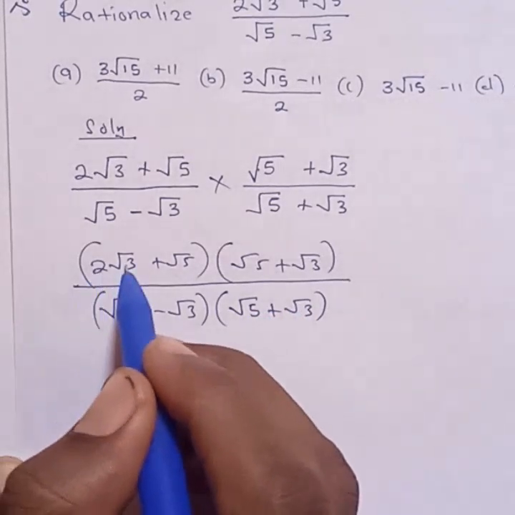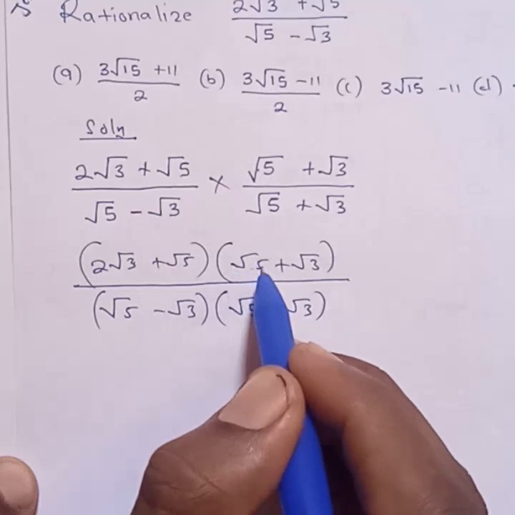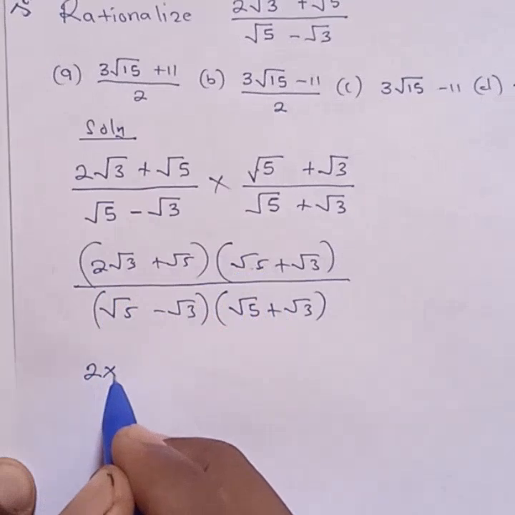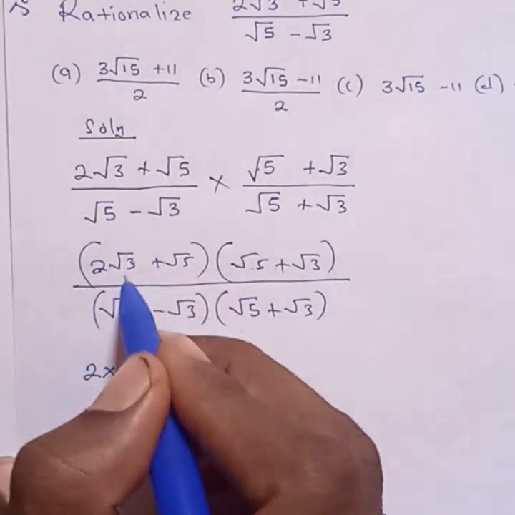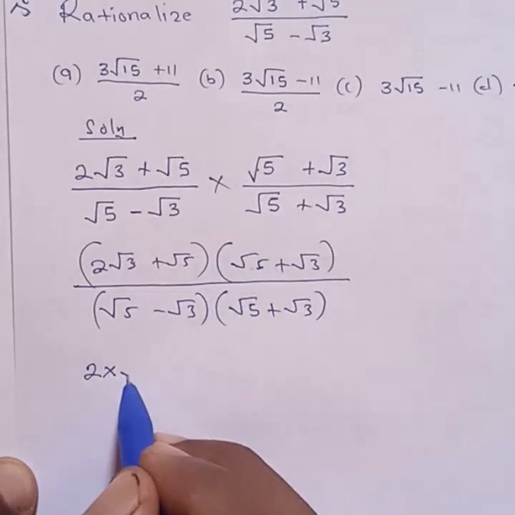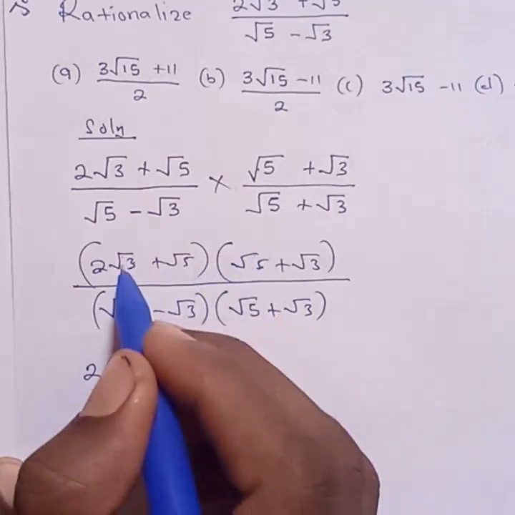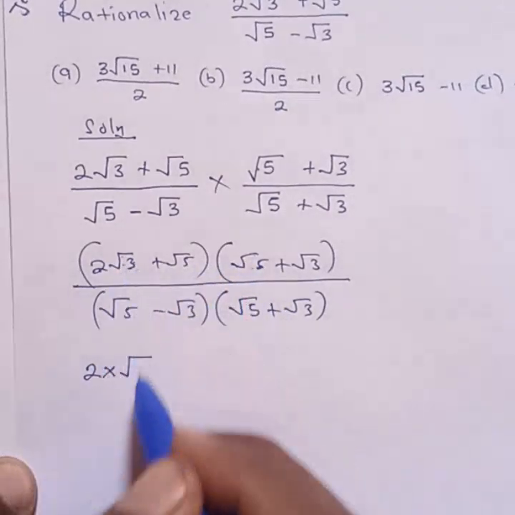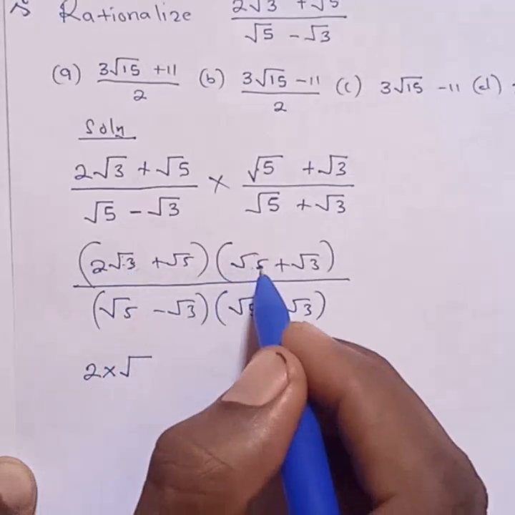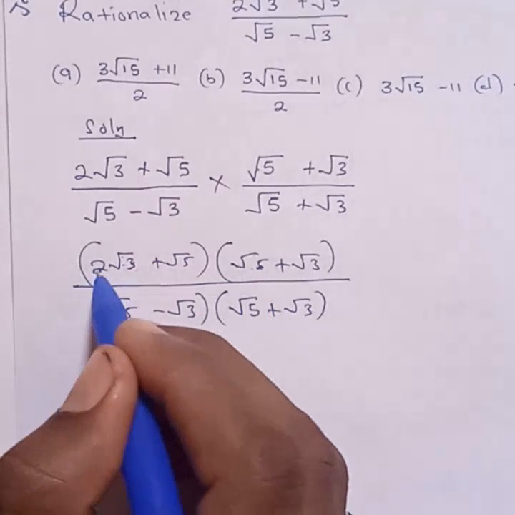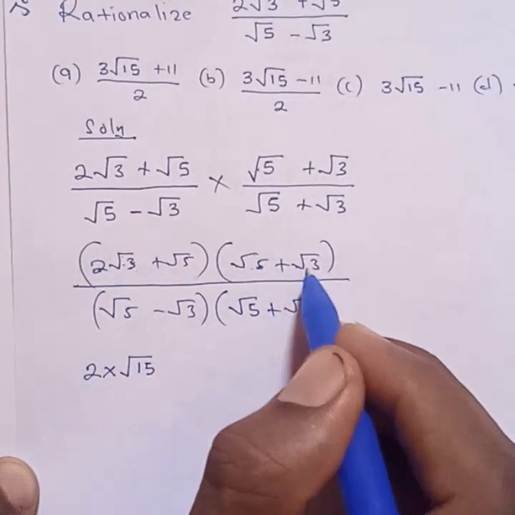We are going to have 2 root 3 multiplied by root 5. So 2 will remain, multiply by 3 times 5. We are going to have square root of, remember basic rules of surds. We can multiply the two numbers inside the square root. So we'll have 3 times 5, which is equals to 15.